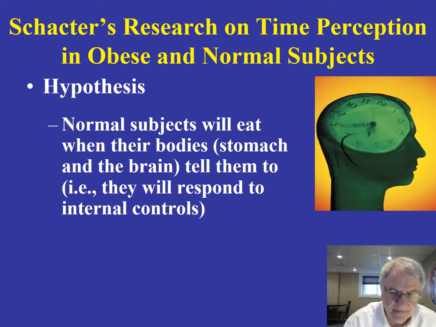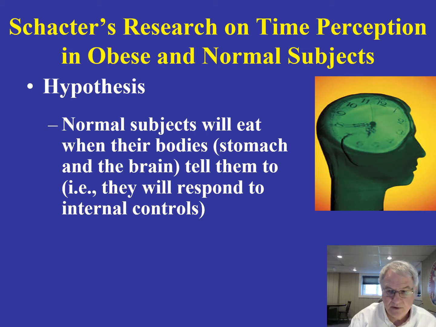He thought, well, normal subjects are eating when their bodies tell them to, when they're feeling the weakness in their stomach, for example, that then in turn is stimulating neural pathways that go from the spinal cord to the brain. And that's what normal subjects respond to. They eat when their bodies tell them to.